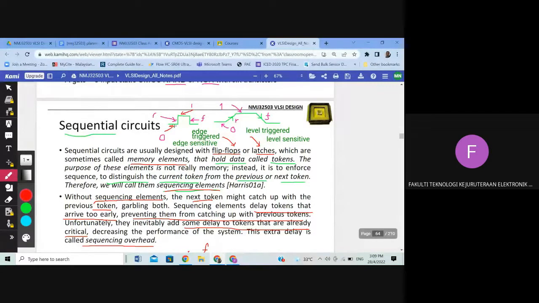From one clock, we can use either the edge or the level of the clock to trigger a sequential circuit.